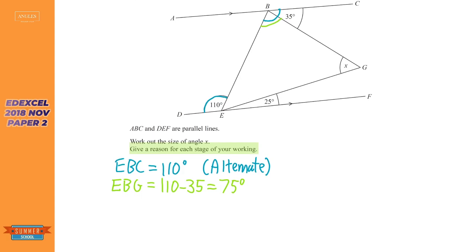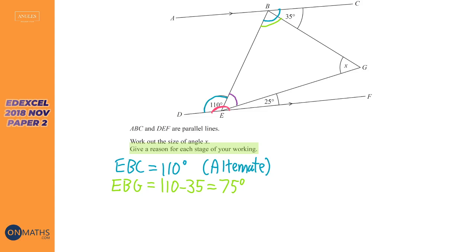Okay, so we've got one of the angles that we're looking for. The next one we need to find is this one here. And I can see a few ways of doing it. Probably the easiest is angles on a straight line. So if you understand, let's choose a different colour, all of these angles here will add up to 180, and we know two of them. We know the 110 and we know the 25, so we just take them away.